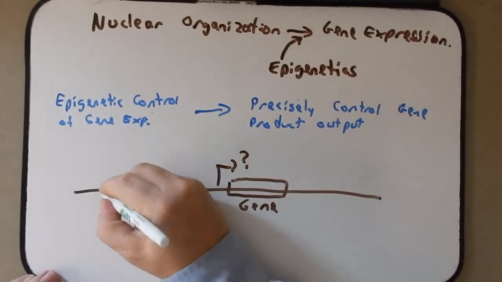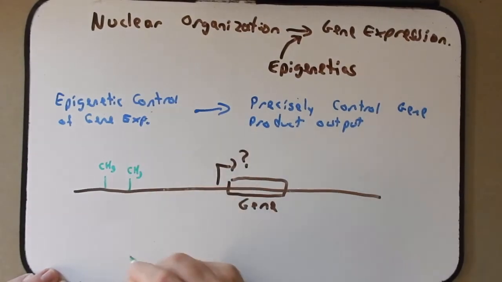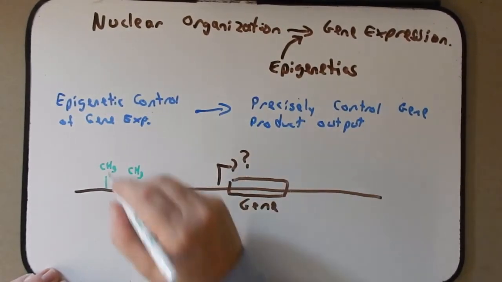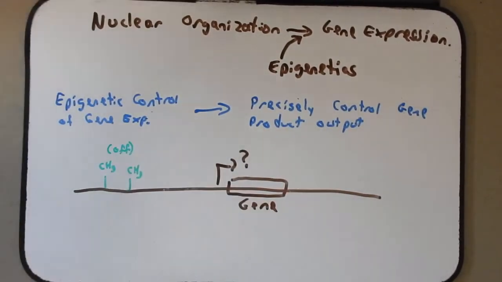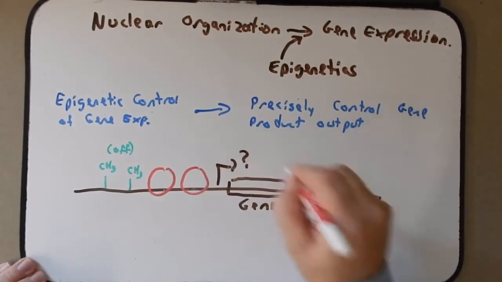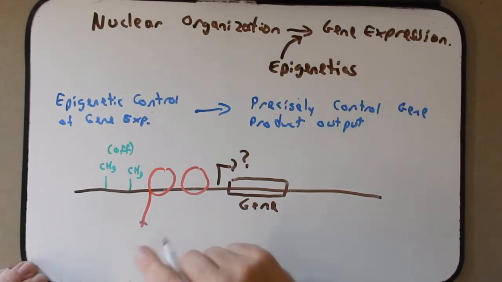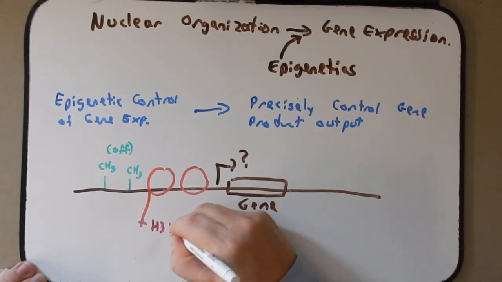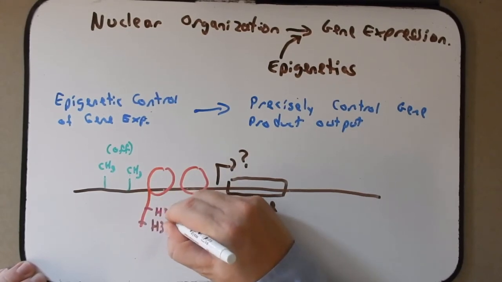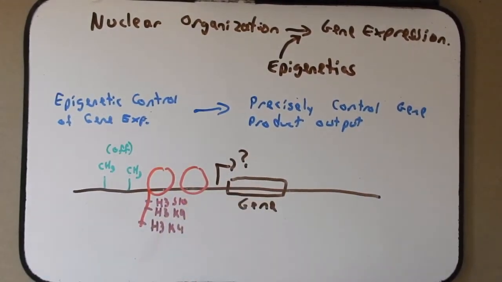We've talked about how we can add methyl groups to the DNA, and in doing so, that would turn the gene off. We also talked about how we could modify various histones that are in this region. We've talked about H3K4, H3K9, H3S10, and a few others.